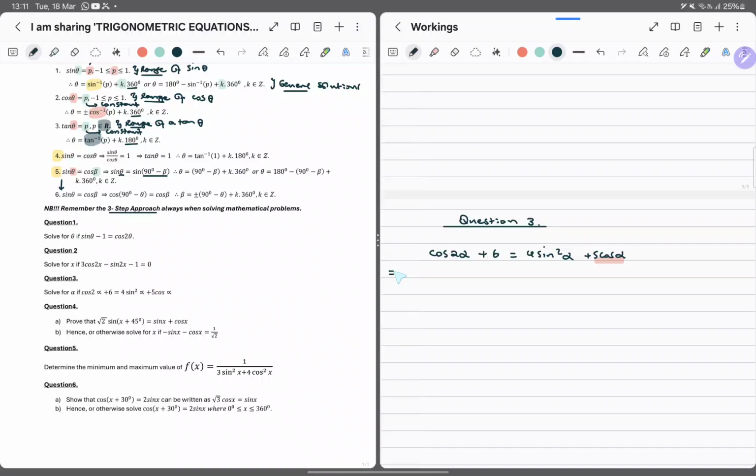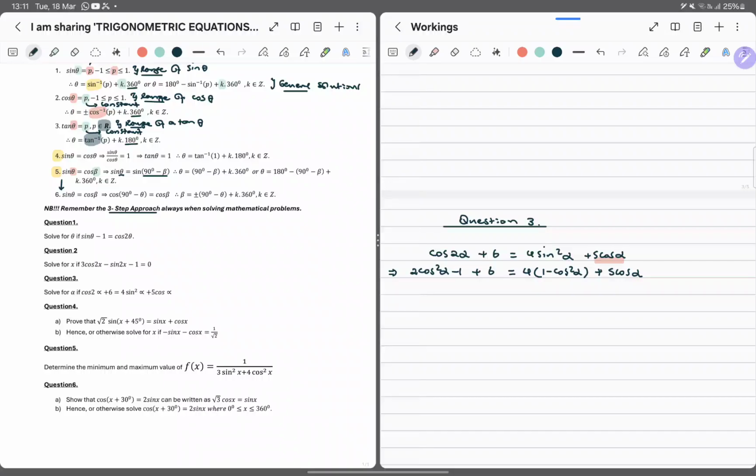So this is going to be 2 cos squared alpha minus 1. Okay, in fact, we don't need the brackets. This is an identity. It decomposes like that. Plus 6 is equal to 4 times sine squared, which is basically 1 minus cos squared alpha, plus 5 cos alpha.